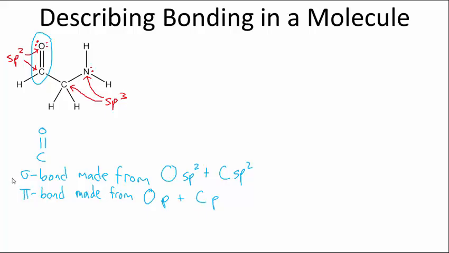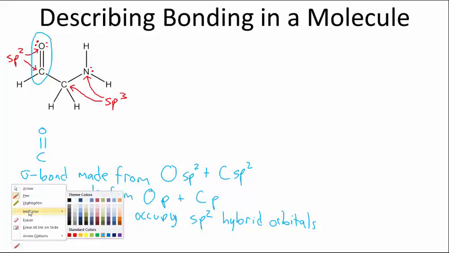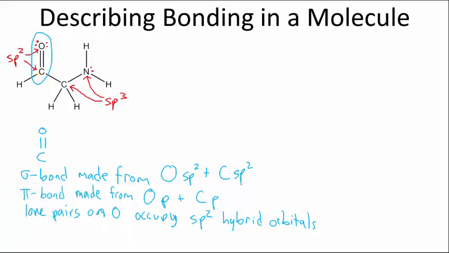So the lone pairs on oxygen occupy sp2 hybrid orbitals. All right.